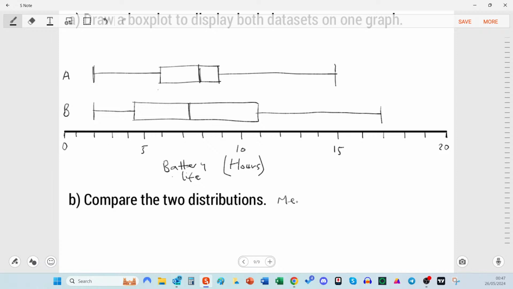We can talk about median. We can talk about interquartile range. Or we could talk about skew. The rest are not really important. These are the only ones that really make much sense, and they are very solid.